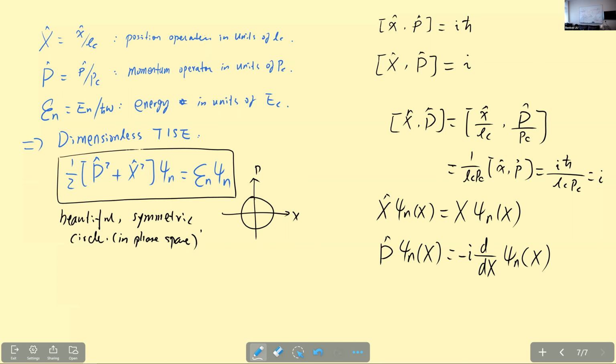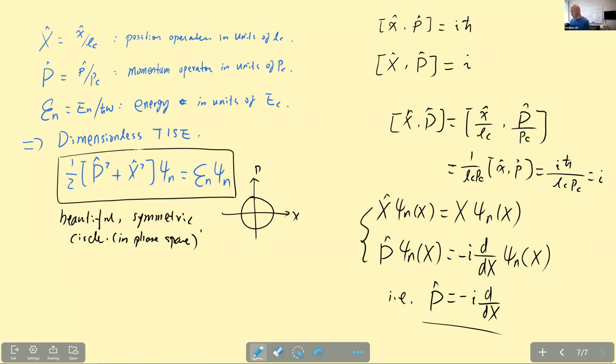So that means this dimensionless momentum can just be written as a differential operator with respect to this dimensionless position, right? So you can check these commutators using this definition, okay?